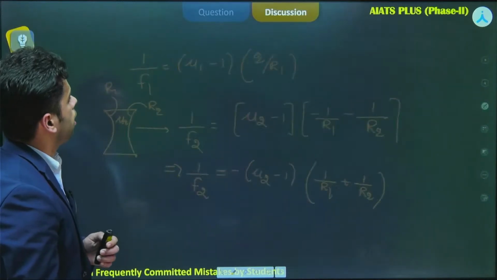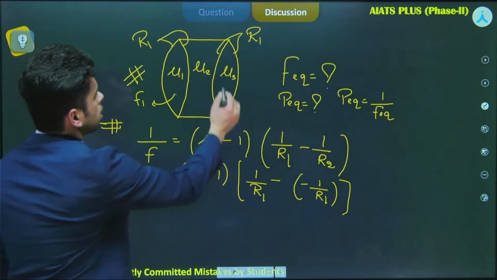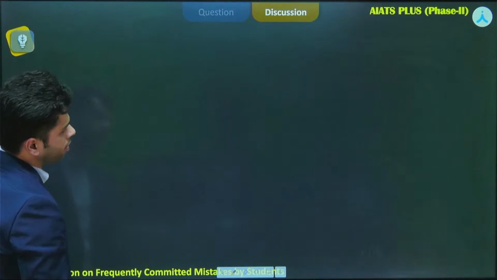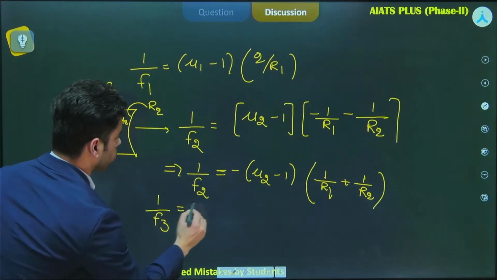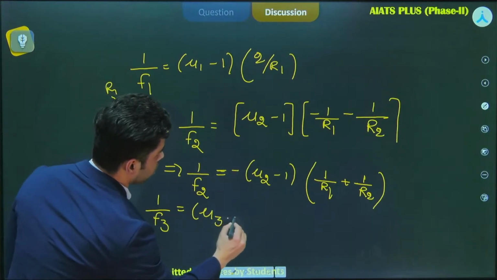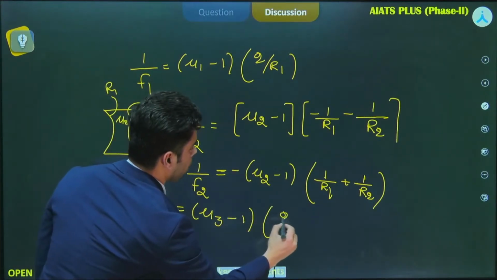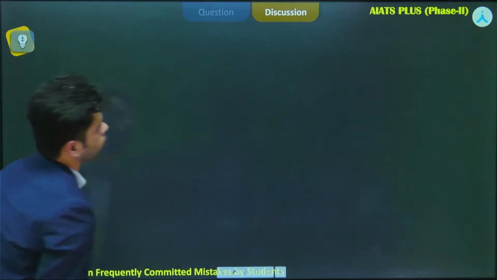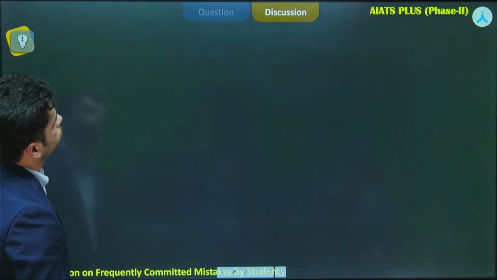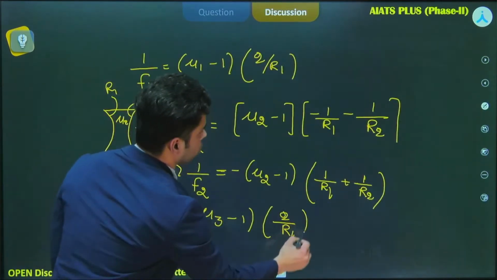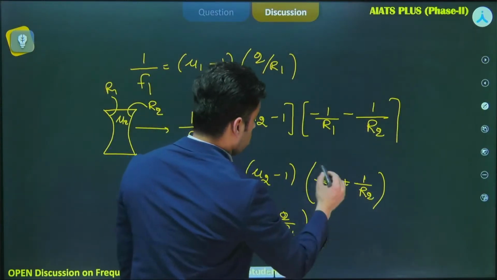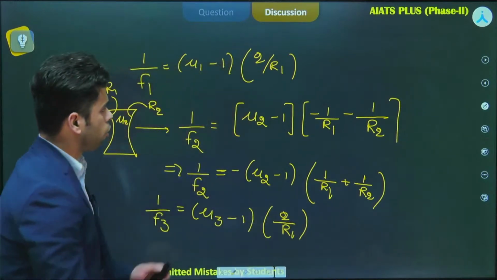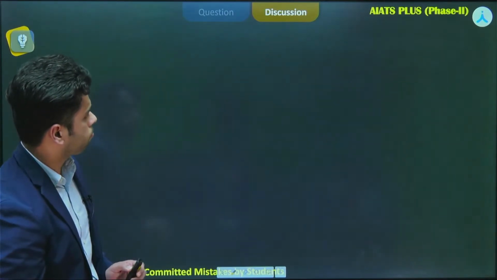And what about this part? This part is also similar to the first part, so I'll write it directly. 1 over F3 is equal to (mu3 minus 1) into 2 by R1. This one was also R1. So I hope you are clear till this step.